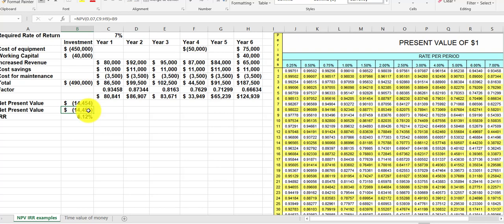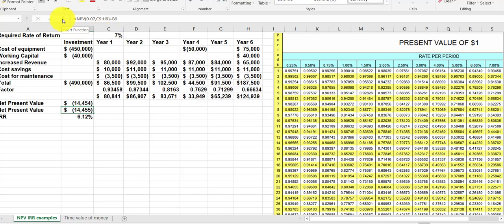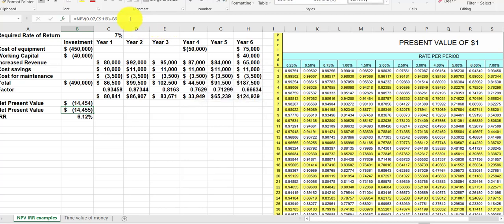Now, the shortcut using the formula I showed you in part 1, we would put NPV, whoops, you see the formula up here, equals NPV 0.07, that's the required rate of return. You can put 7%. Excel's smart enough to know either one of those.